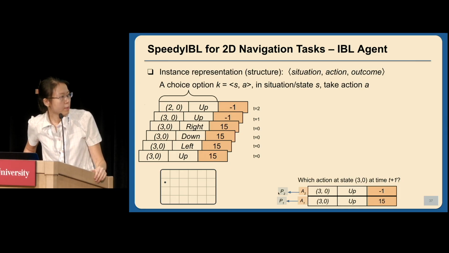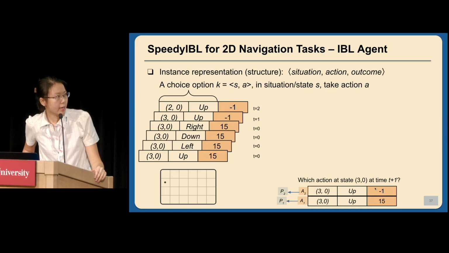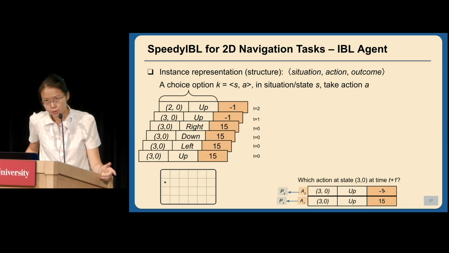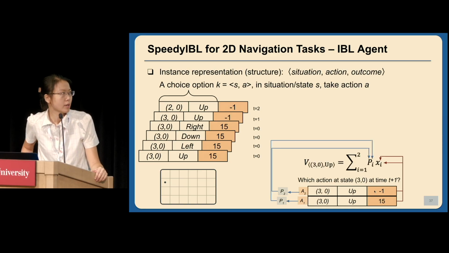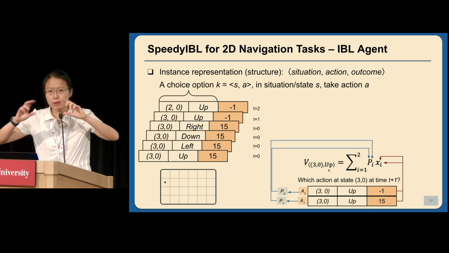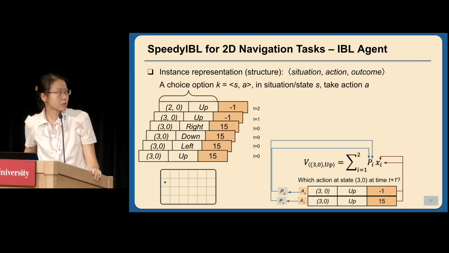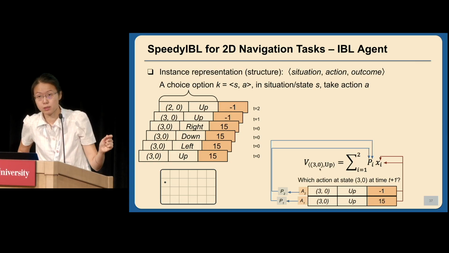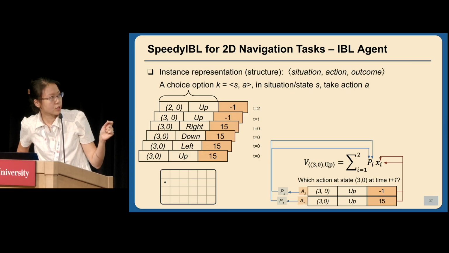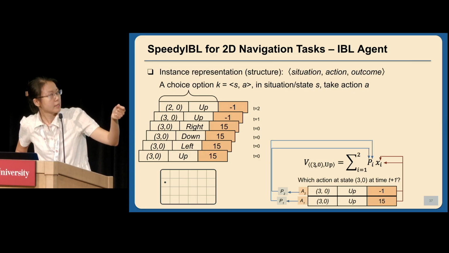Once we have the retrieval probability and the outcome, like Coty said, we're going to calculate what we call the blended value. We have many instances, so now we blend them together to decide what's going to be the blended value for each option.